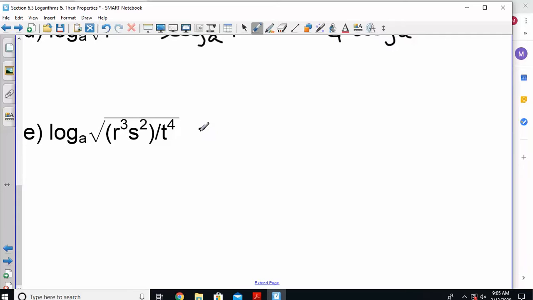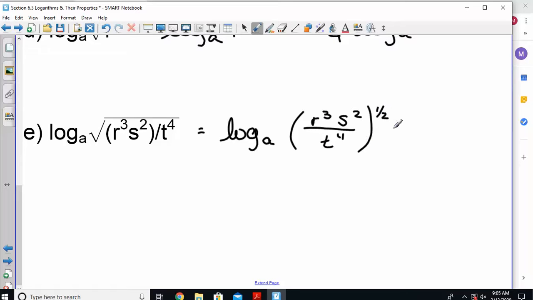A square root is like what power? 1/2. So this is all to the 1/2 power.